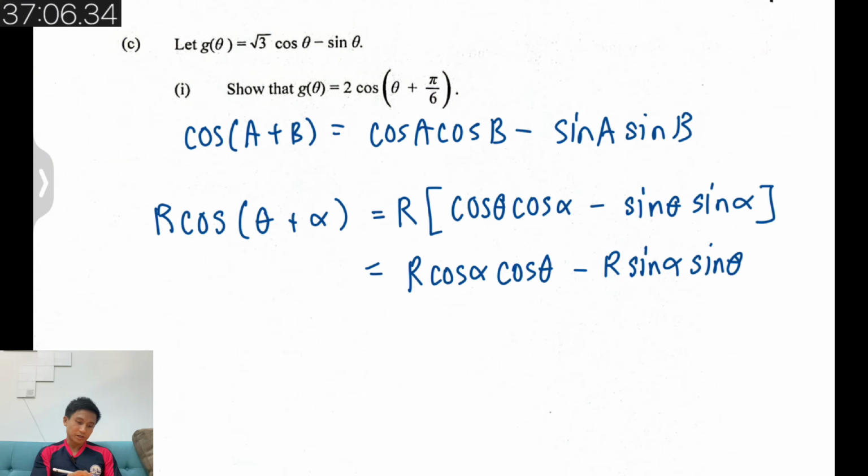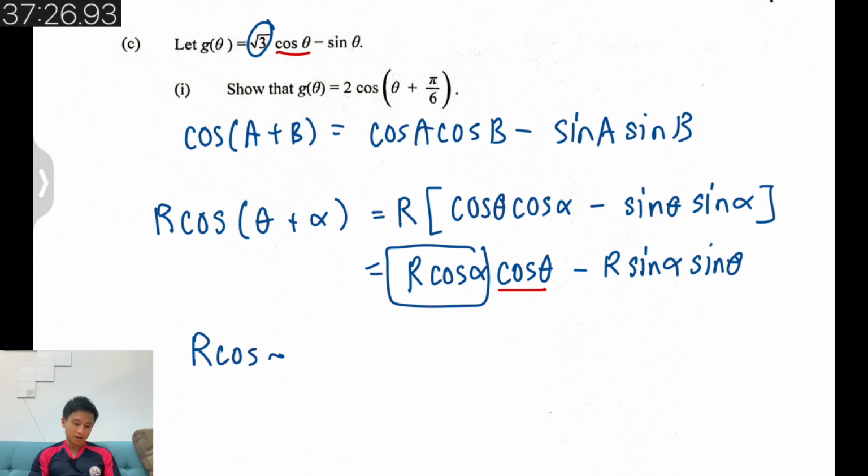Now, we got to match here, right? Because at the end of the day, we want to put it to this form. We put it equivalent to this form, yeah? That means if we look at each term, the cos theta here is going to be the same as that. That means that this root 3 is going to be the same as that. So we can write r cos alpha equals root 3.